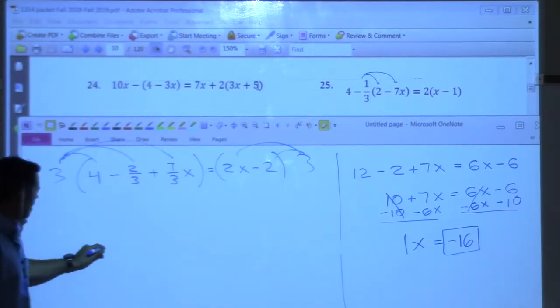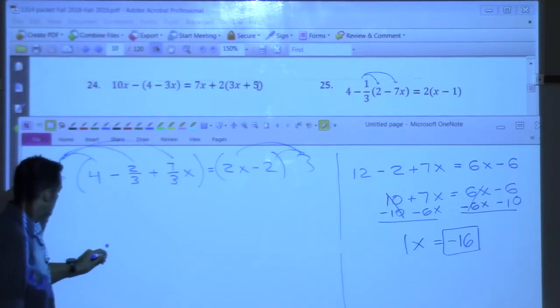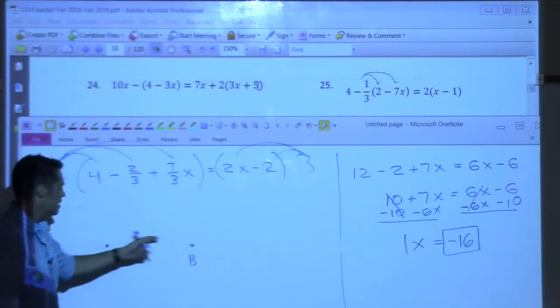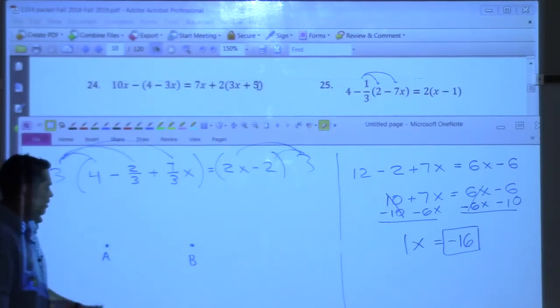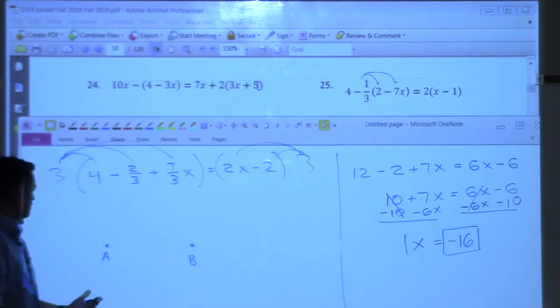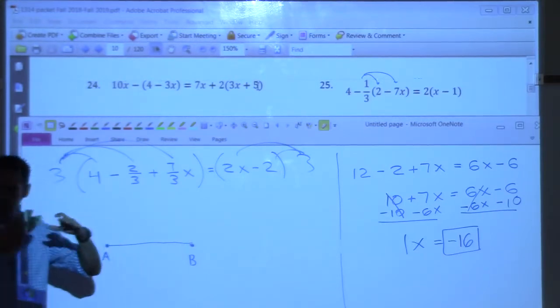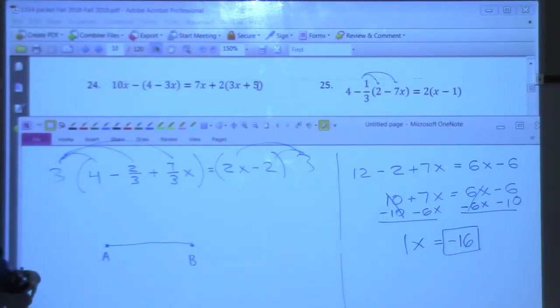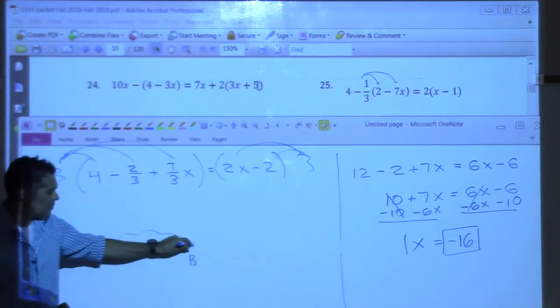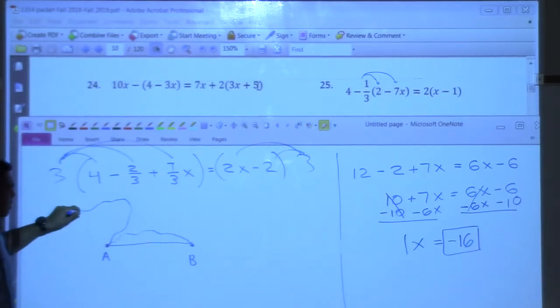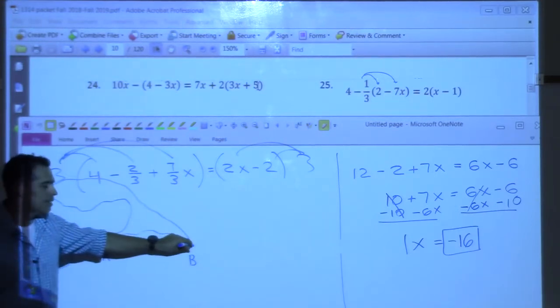So I always say with these math problems, you're trying to get from point A to point B, right? Trying to get from the problem to the answer. And if you're really good at math and you've done enough of it, then this path from A to B can be relatively short because you do it all very efficiently. If you're not as comfortable, then your path may be a little bit longer. If you're really struggling, then you might go off, wander around for a while, and hopefully get here.